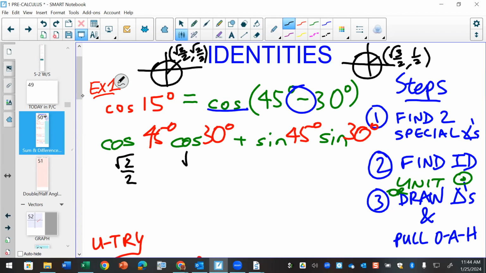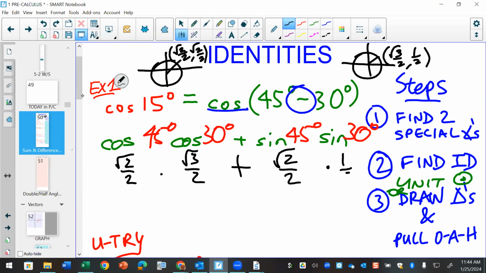Square root of 3 over 2. Same two pictures. Let's go sine over there at 45. Oh, it's the same as cosine. But over here, well, this was our one problem, sink or swim final exam. Remember what the answer was? Sine of 30 is half.